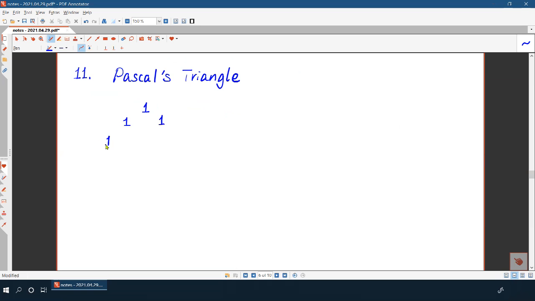So we can write it like this. Any number in the next row is the sum of the two numbers on the shoulder in the previous row, right? 1, 3, 3, 1. And 1, 4, 6, 4, 1, right? You can write it infinitely.